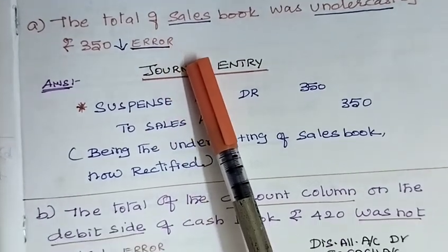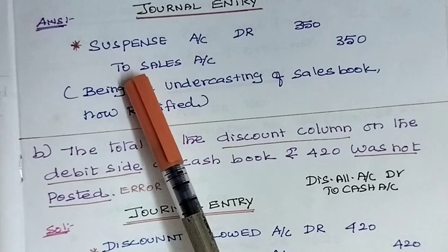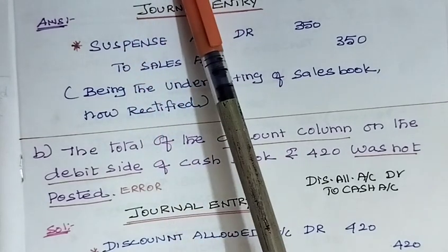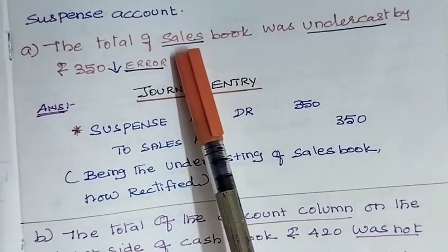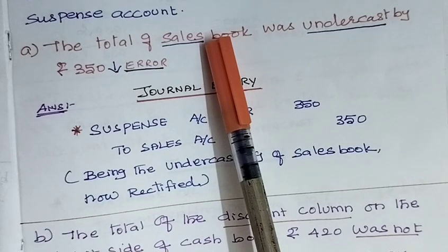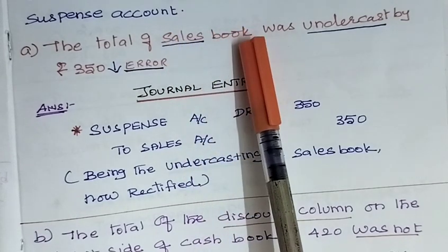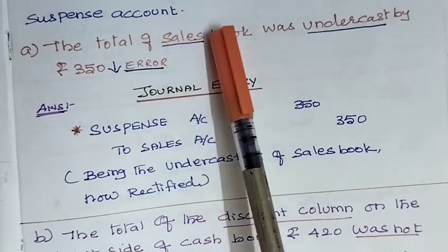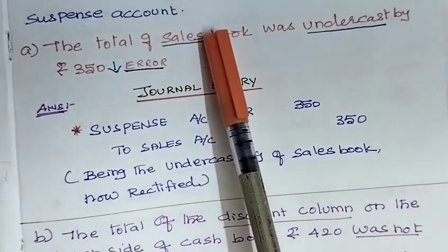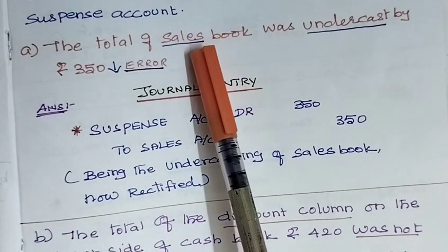We have to apply the original journal entry. In the journal entry, the sales account is on the credit side. Sales is the revenue. When you generate sales, revenue comes into your business.